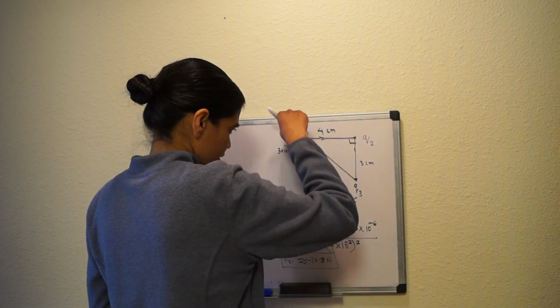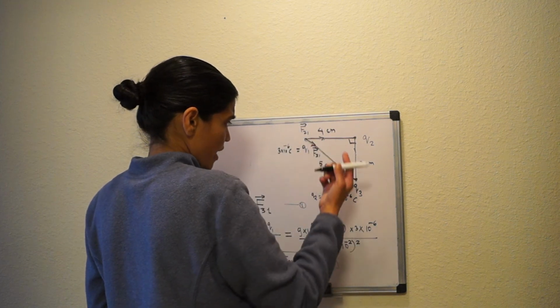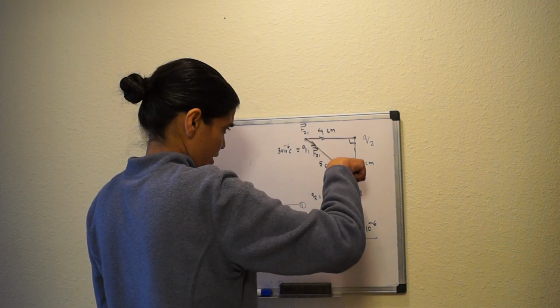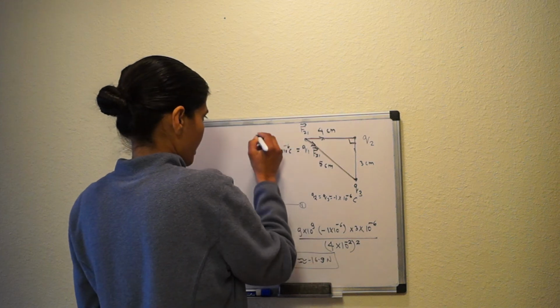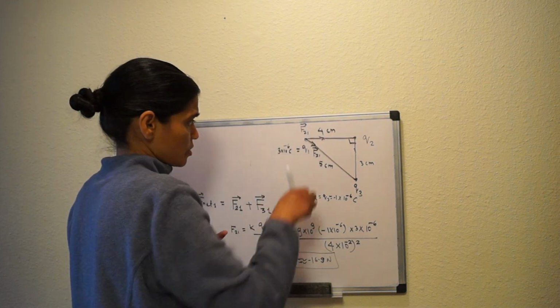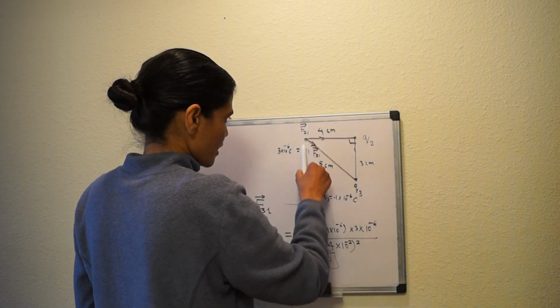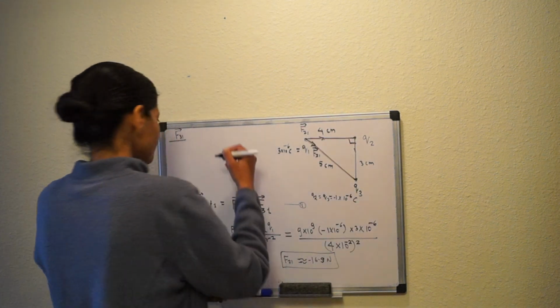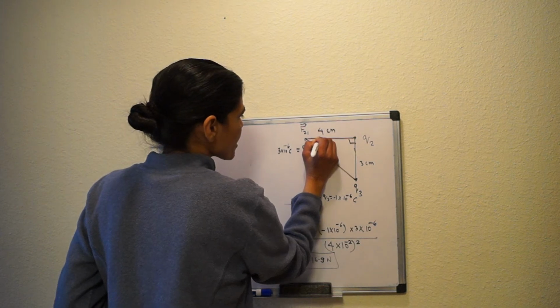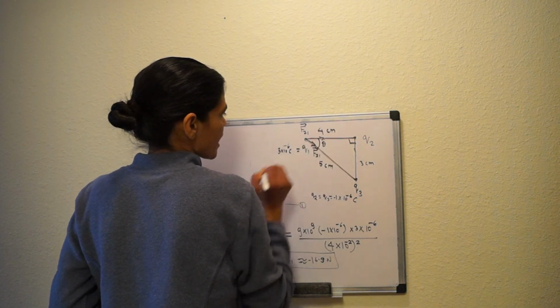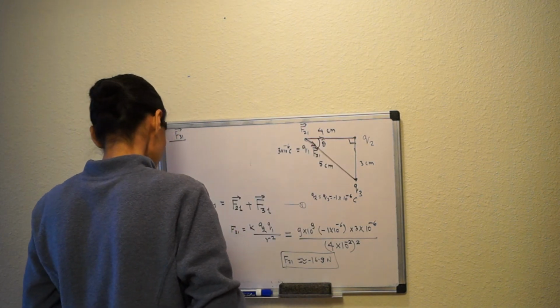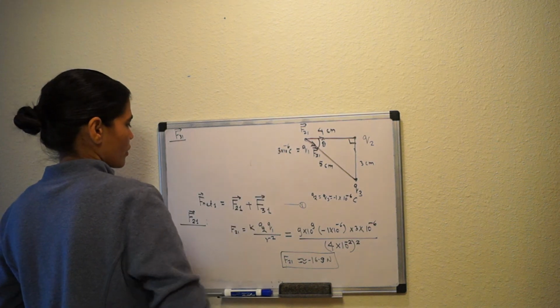Now for this one, it's not just the x direction. This is kind of going that way. So we will have both an x direction and a y direction, right? We need to resolve this vector into an x component and a y component, okay? Before we do that, let's make an angle theta here, because we will need that angle theta as well. We need to find that theta, okay?